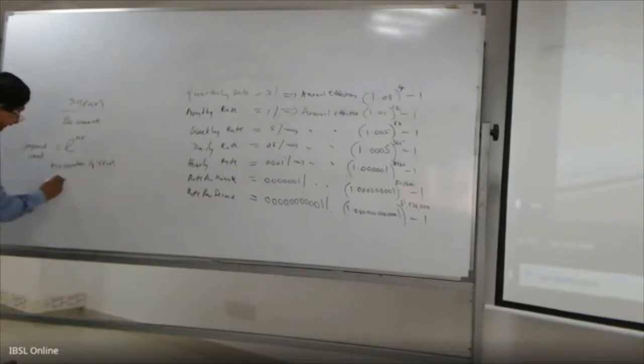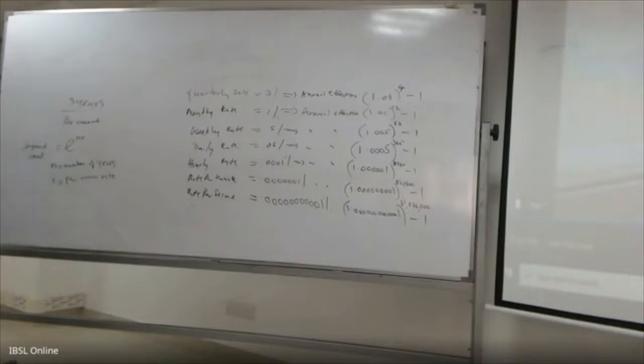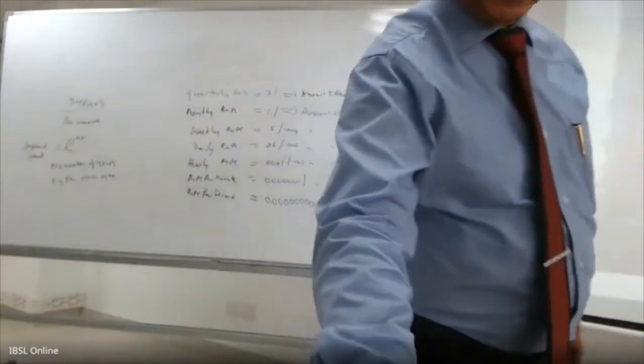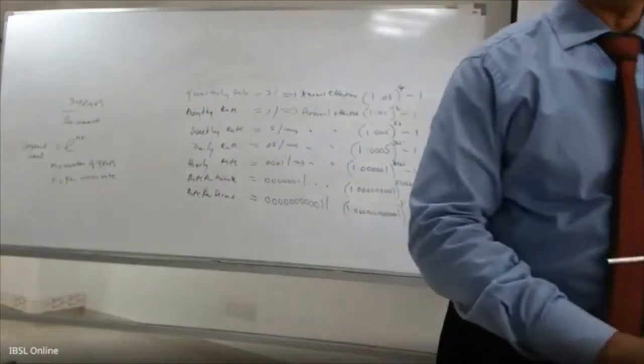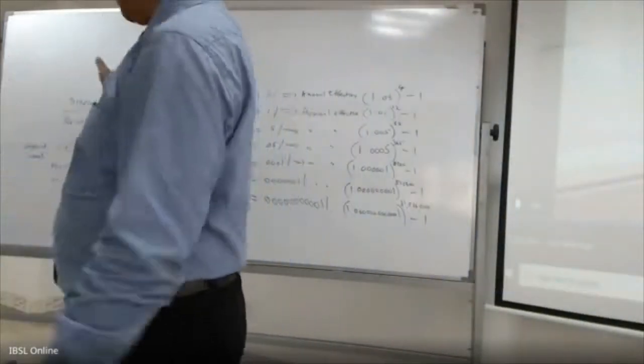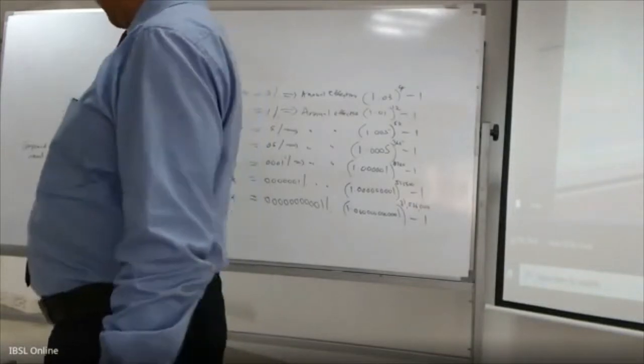R is the per annum rate. Right. I will now go to the next lesson. I think in that lesson we have to apply this compounded interest equations.